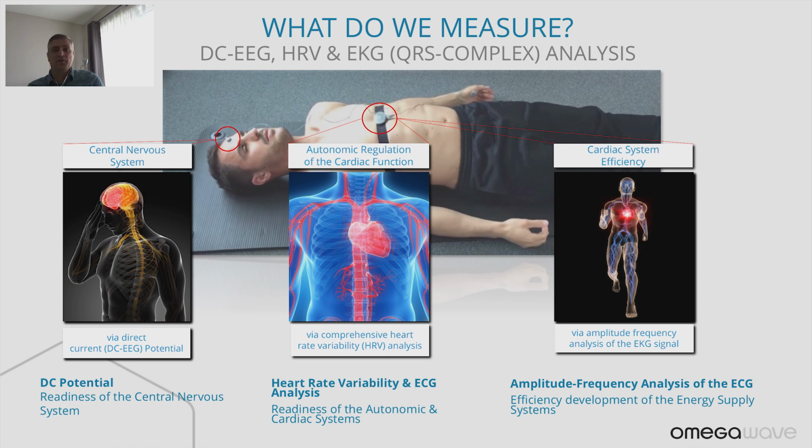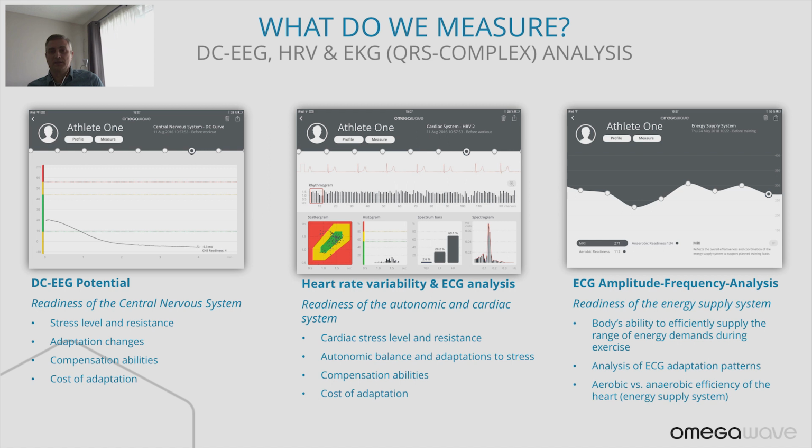So we analyze type of rhythm, changes in the rhythm in response to training. We analyze autonomic balance, sympathetic versus parasympathetic nervous system. We derive breathing influences from heart rate variability. And by doing that, we can identify level of stress accumulated in the cardiac system in response to acute or chronic stimulus.